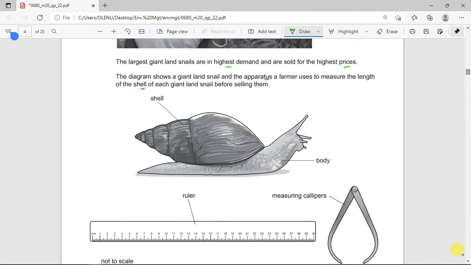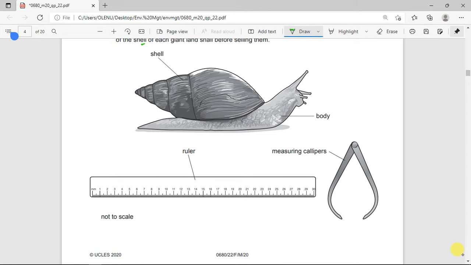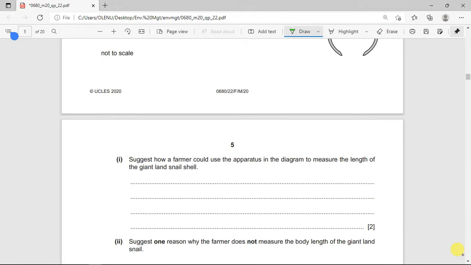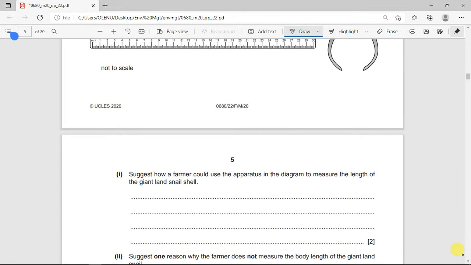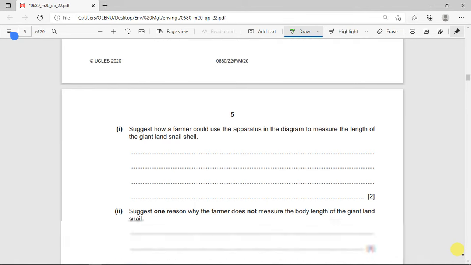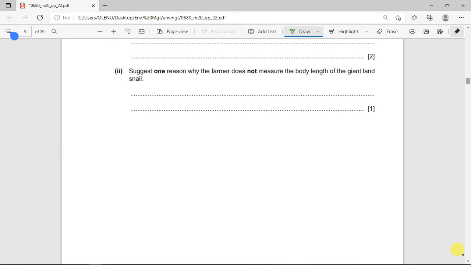Here we have the snail, the body. This is the shell that is being measured. We have a vernier caliper and a ruler. The first question is: suggest how a farmer could use the apparatus in the diagram to measure the length of the giant snail. It's quite simple.